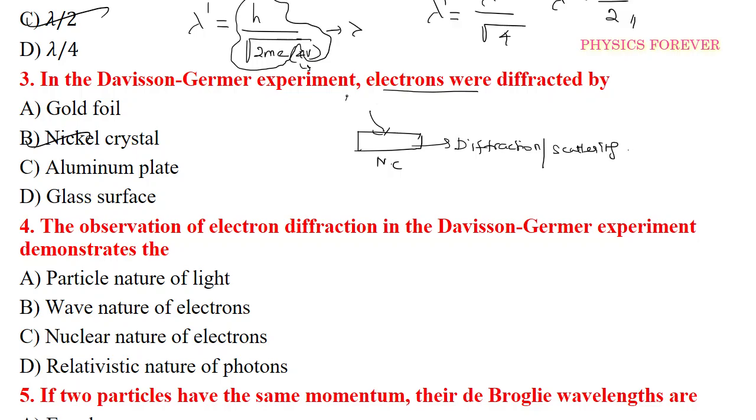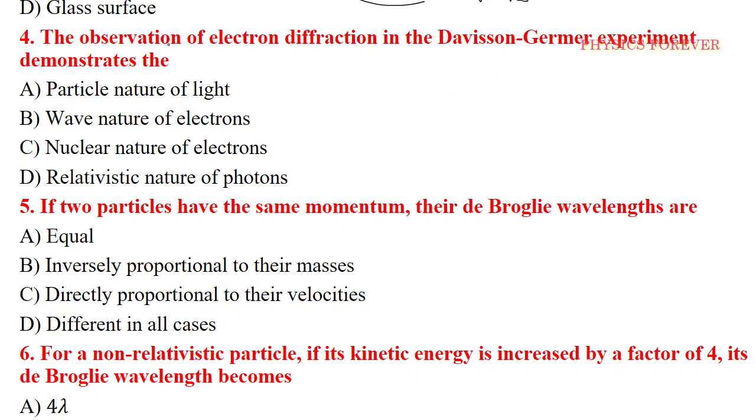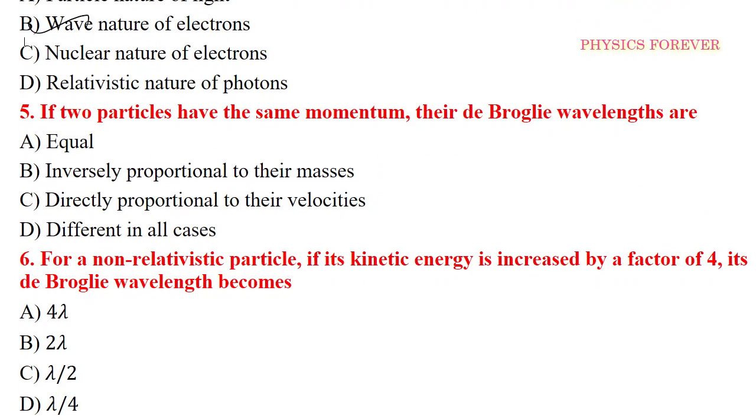In Davisson-Germer, electrons were diffracted using a nickel crystal. Diffraction is a property of waves, so it is confirmed by the Davisson-Germer experiment. The observation of electron diffraction in the Davisson-Germer experiment demonstrates the wave nature of electrons. We already discussed this elaborately.